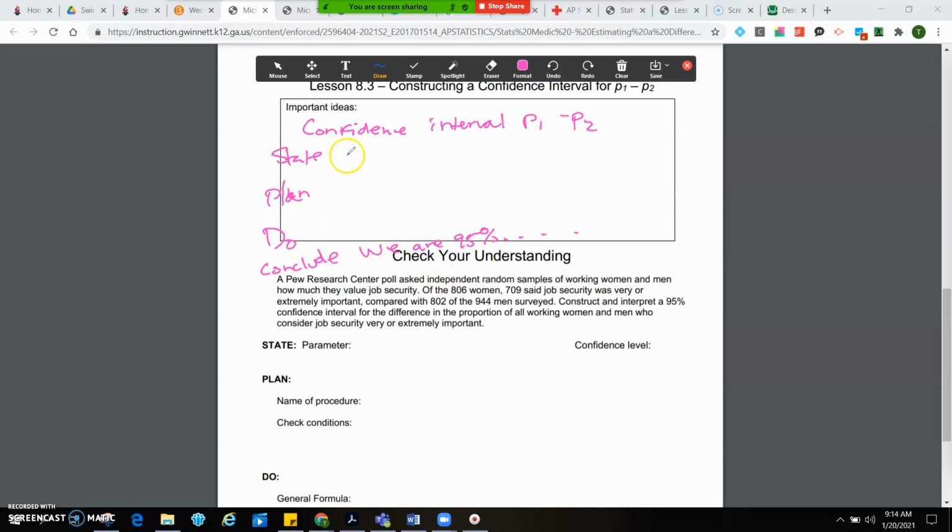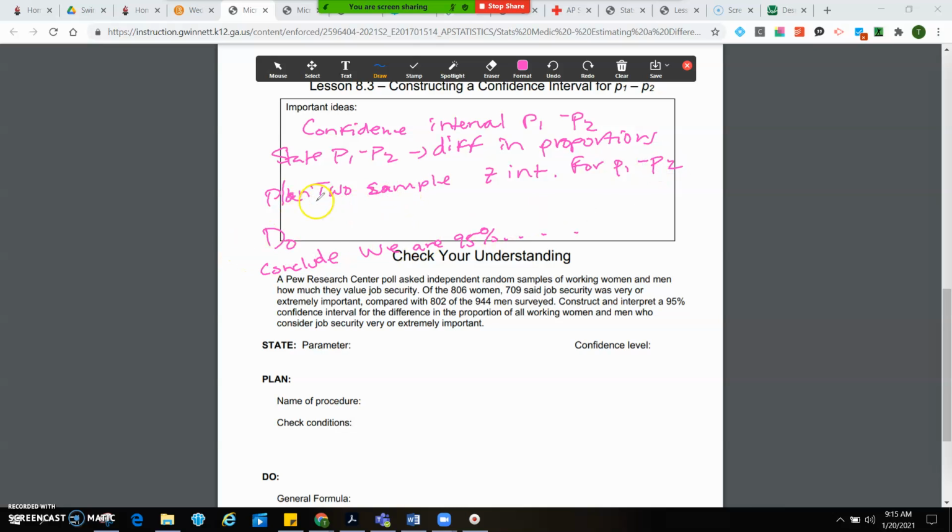For stating, you're going to tell what P1 minus P2 is, which is the difference in proportions. Okay, your plan is going to say a 2-sample Z interval for P1 minus P2.